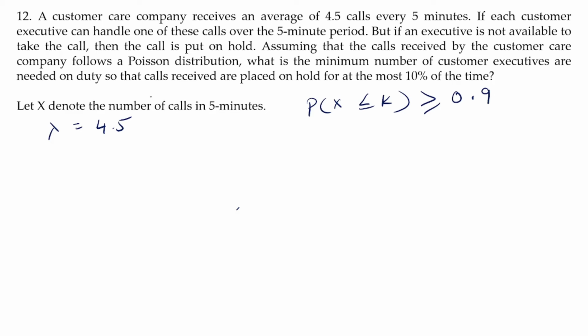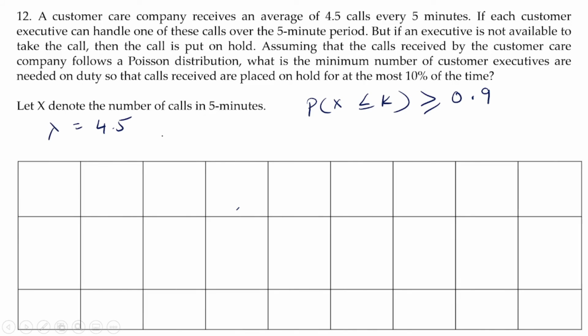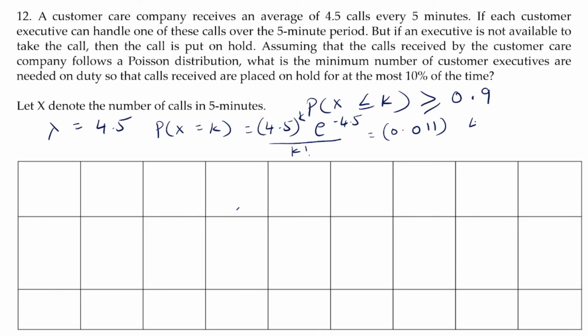Now the probability mass function, probability of X equal to K, is given by lambda, 4.5, raised to K, e raised to minus lambda, upon K factorial, or it is equal to e raised to minus 4.5, which I calculated as 0.011. So 0.011 into 4.5 the whole raised to K upon K factorial.